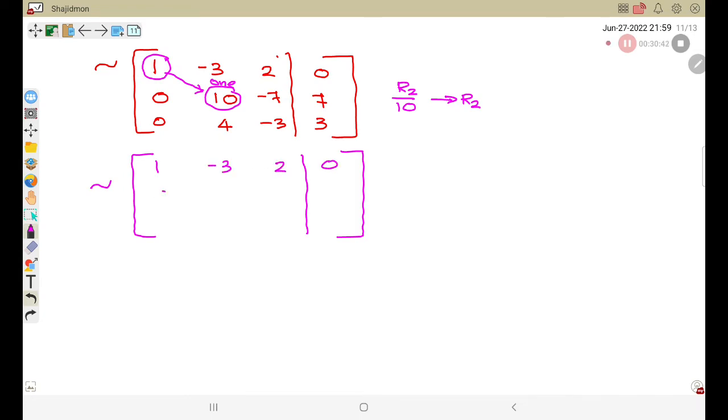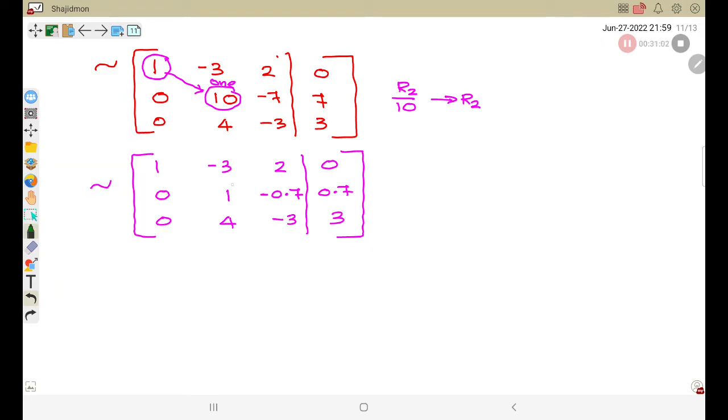Second row becomes 0 by 10, 0, 10 by 10, 1, minus 7 by 10, minus 0.7, 7 by 10, 0.7. All the numbers in that row are divided by 10. Third row same: 0, 4, minus 3 and 3.